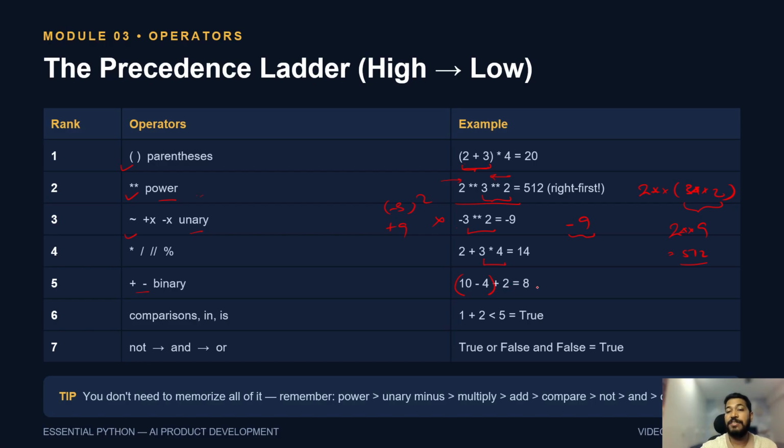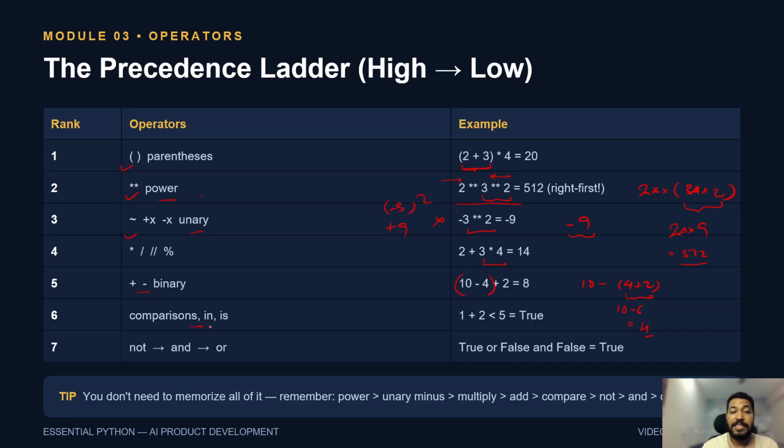So 6 plus 2, 8, which is not like that. 4 plus 2, then this is 6, 10 minus 6, 4. That is not the case either.